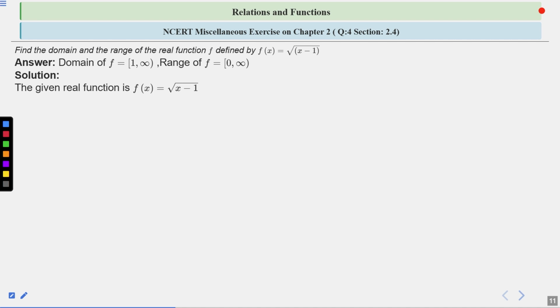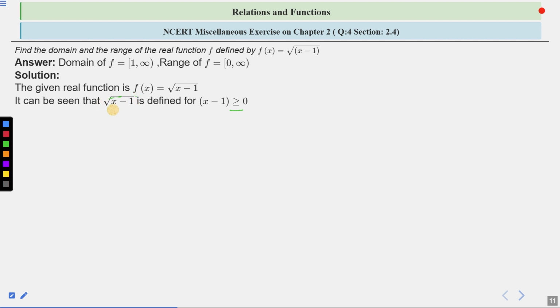As given, f(x) equals root of x minus 1. It can be seen that root of x minus 1 is defined for what values? Inside the root, the expression must be always non-negative, meaning greater than or equal to 0.